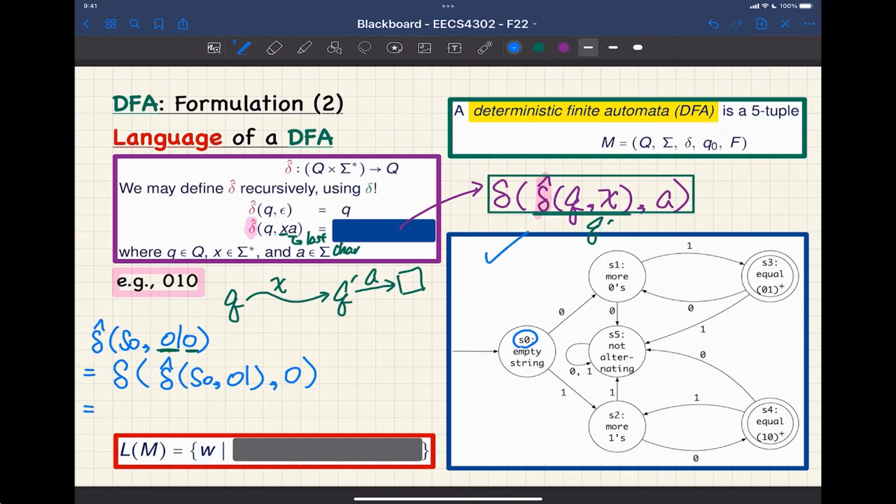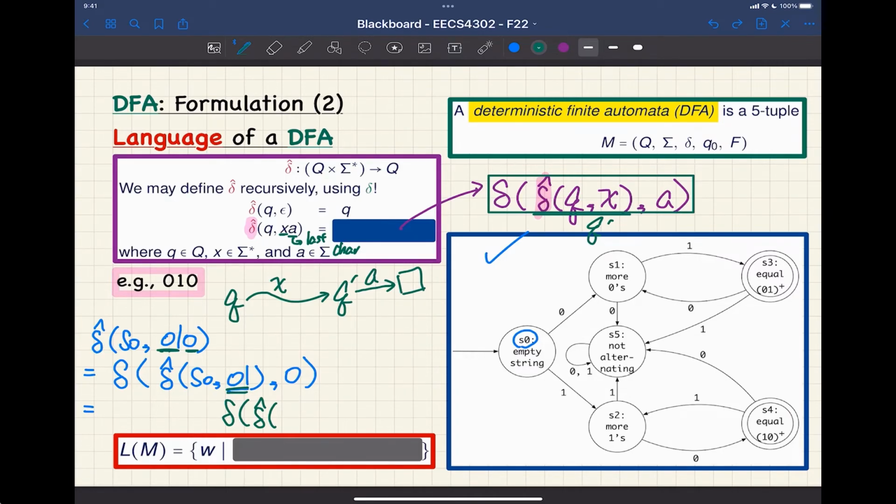Okay, just for this part, let me choose a different color. This part here is going to be delta, sorry, delta hat, beg your pardon. What should be the starting state? Should it be the initial state, right? We're still talking about a prefix, right?